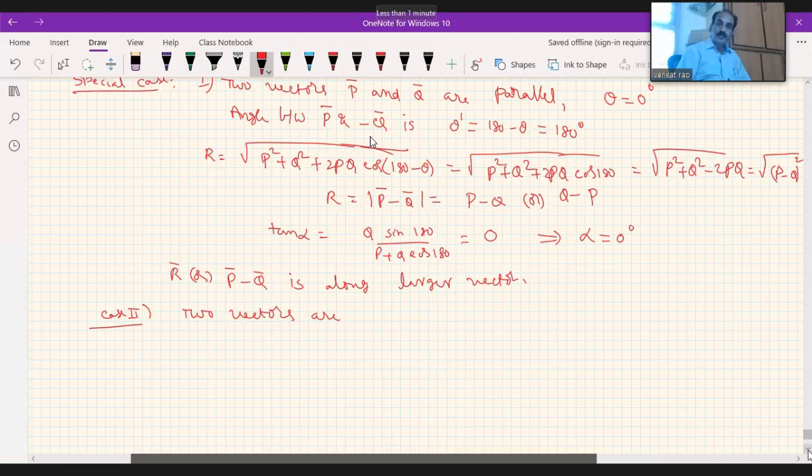During addition, sir, vectors are parallel. What is the angle between vectors? 0, sir. Okay, sir. The angle between P bar and minus Q bar is 180. Yes, we are using directly the angle between P bar and minus Q bar, which is 180 minus theta, theta dash.